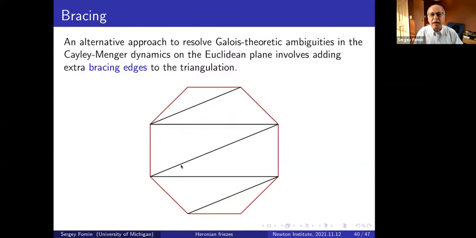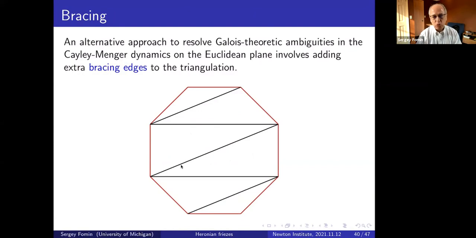And now, okay, I have time. So let me tell you another way of handling this issue. So that alternative way has to do with the idea of introducing bracing edges.